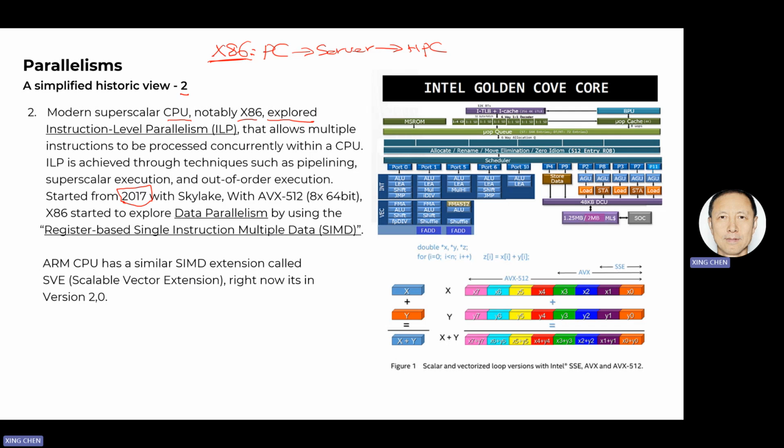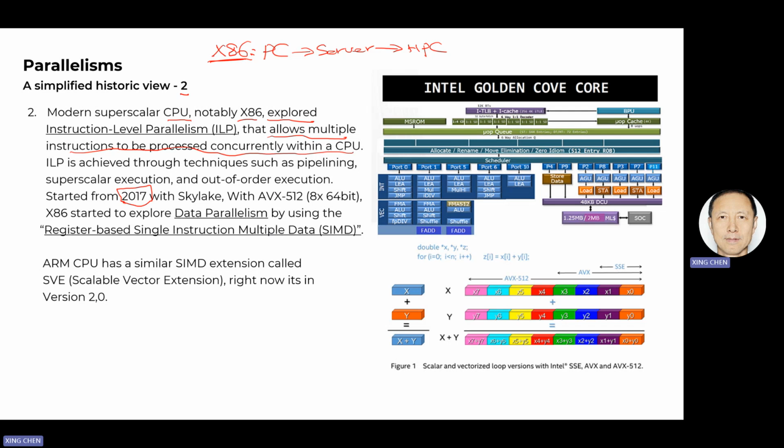So at the beginning, the x86 processors explored instruction level parallelism. Instruction level parallelism, ILP, allows multiple instructions to be processed concurrently within a CPU. Normally, you are going to execute the instructions one by one.